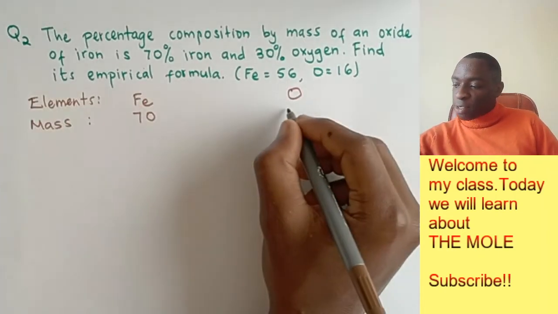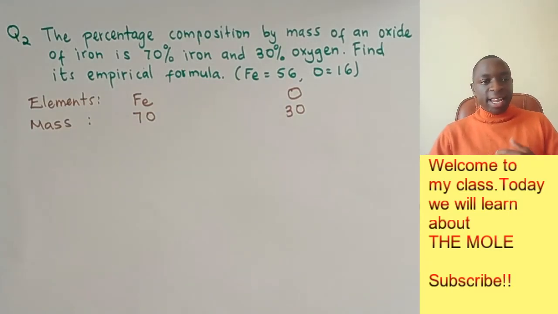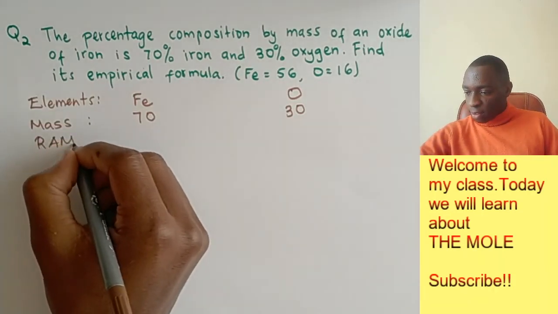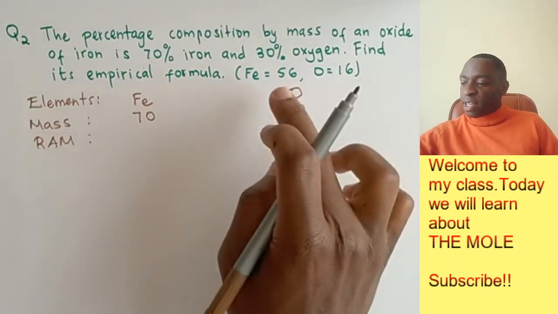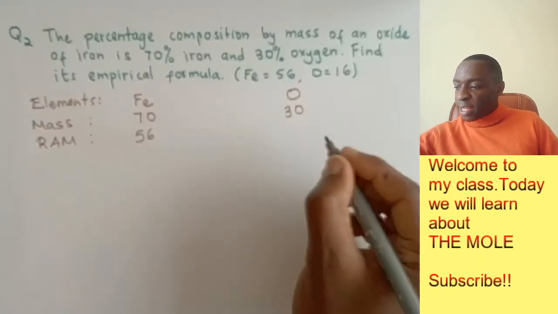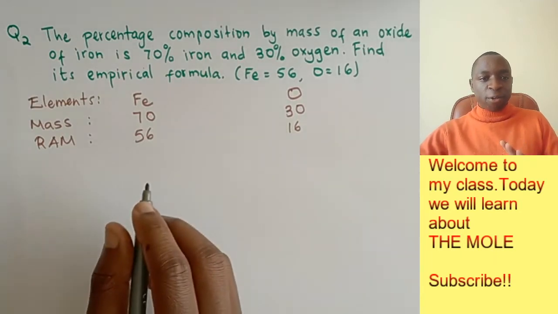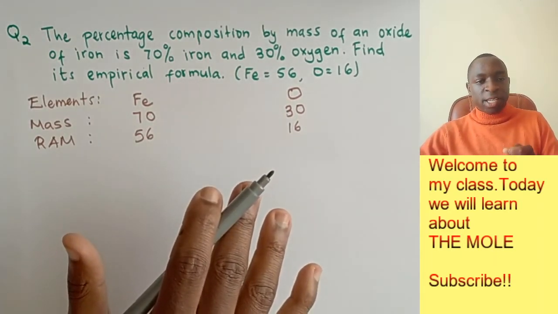And the mass of oxygen is 30. Then the next level is to look for the relative atomic masses of oxygen and iron. The relative atomic mass of iron is given in brackets right here. It is 56. And the relative atomic mass of oxygen is 16. Again, if you have not been given these values, you can look them up in the periodic table.